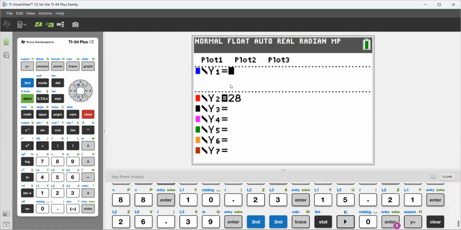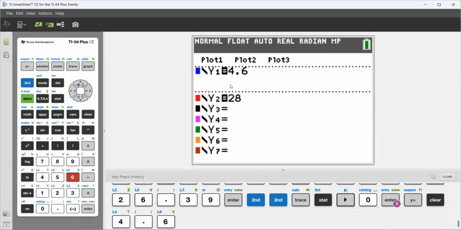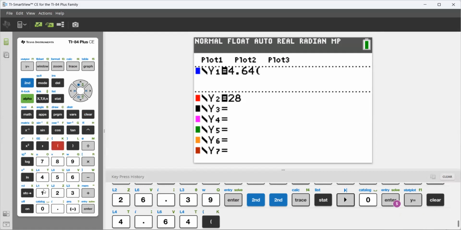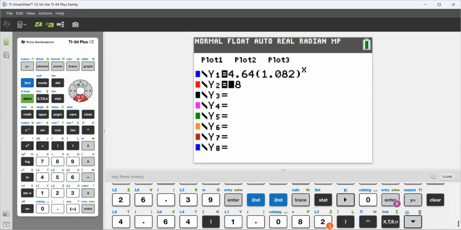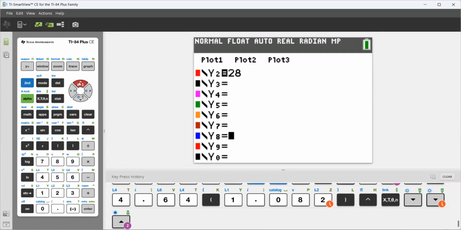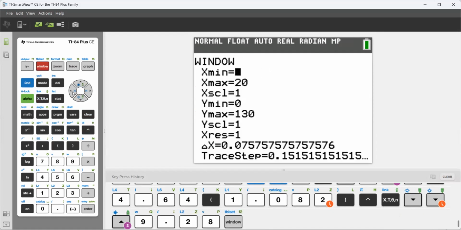So we're going to have Y1 is 4.64, and then we have the parentheses 1.082. We close that to the power x, and then here you have the doubling amount, 9.28. Now you could go to window and then change your window.